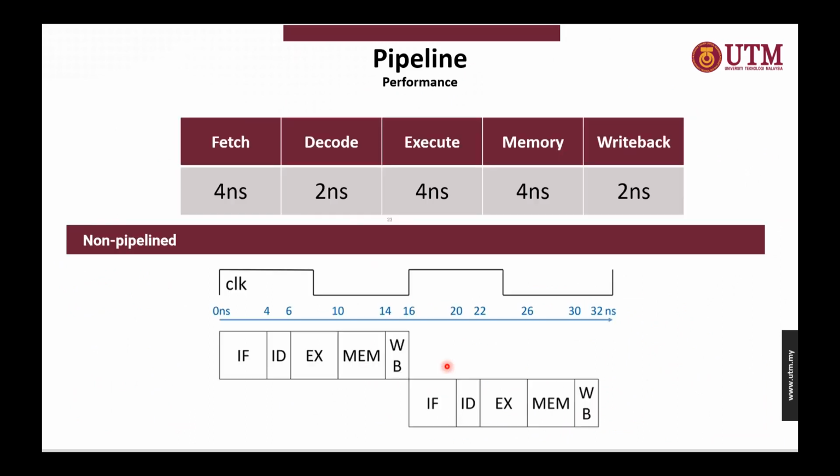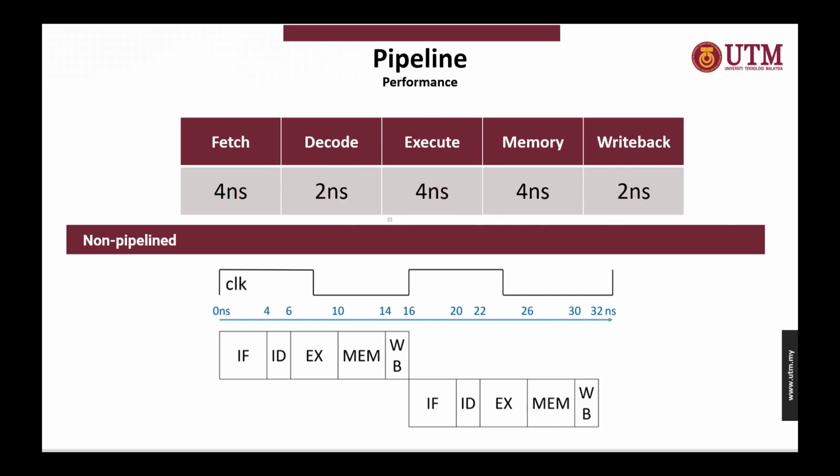Now we're going to look at this example. Given that you have this 5 stage pipeline: fetch, decode, execute, memory, and write back. And this is the time taken: fetch needs 4 nanoseconds, decode 2 nanoseconds, execute 4 nanoseconds, memory 4 nanoseconds, and write back 2 nanoseconds.